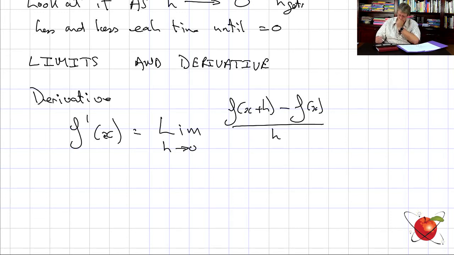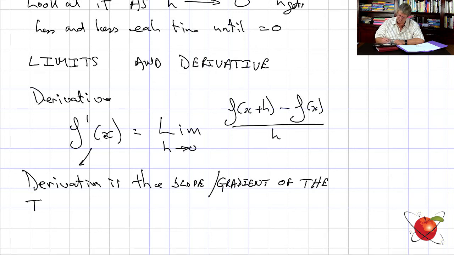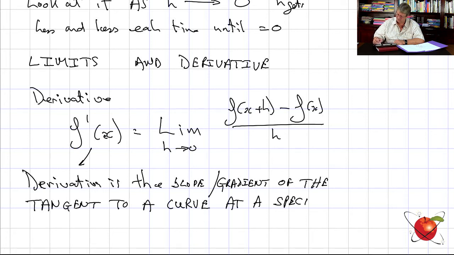So therefore, the derivative, this piece here, the derivative is the slope or the gradient of the tangent to a curve at a specific point.